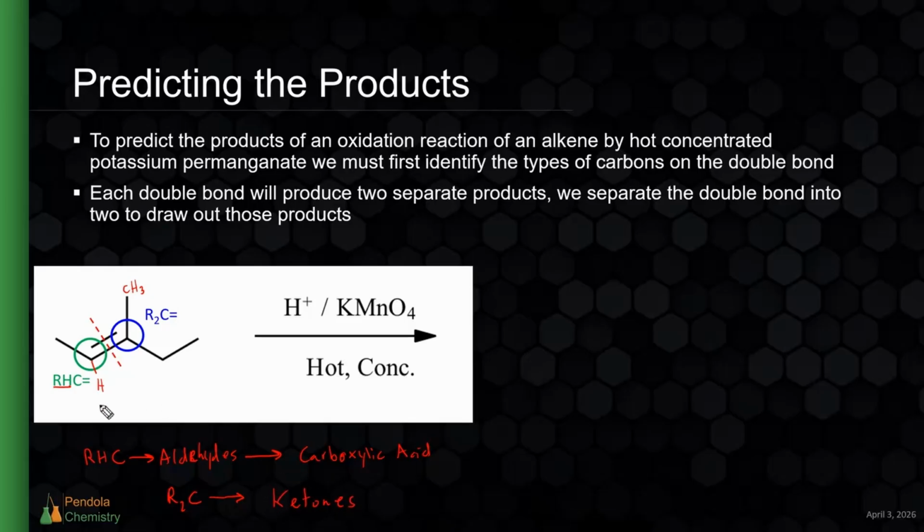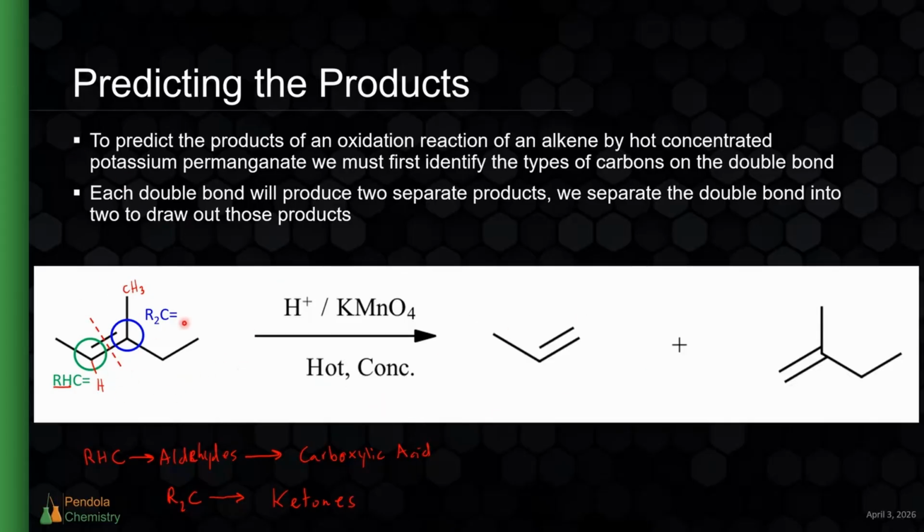So what are we going to do here? We are going to cut this double bond so that we separate our 2 carbons. We are very literally going to cut the double bond, which gives us this on one side. So let me highlight what we're looking at here.